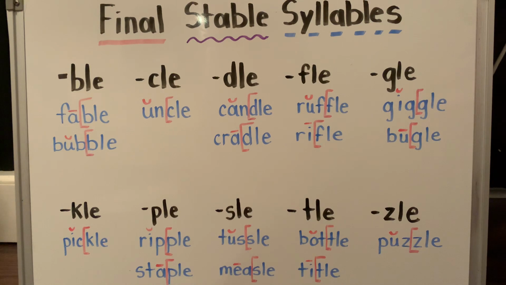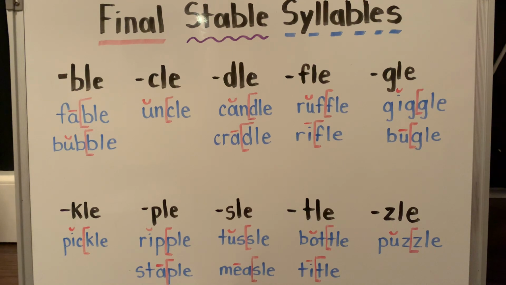And then you'll notice the only other code I went ahead and added to my words was the vowel sound in the first part of the word. Now, some of them are long and some of them are short. How do we tell if it should be a long vowel or a short vowel? That's right.